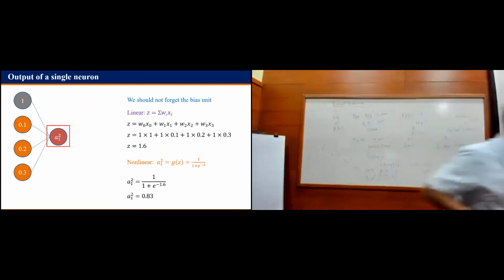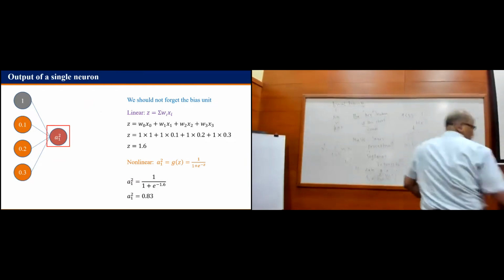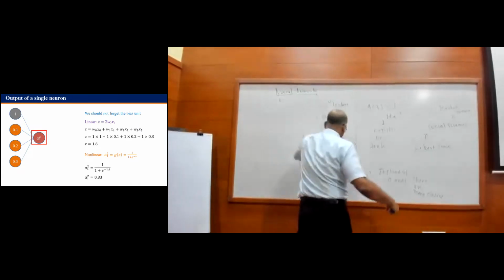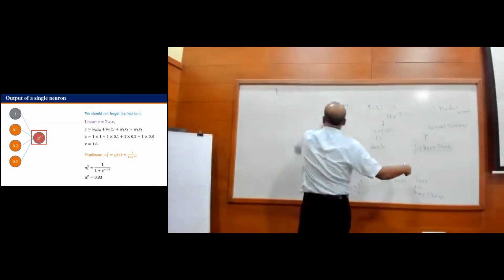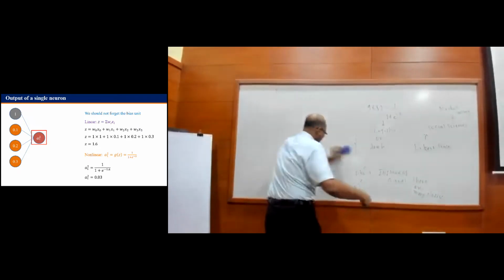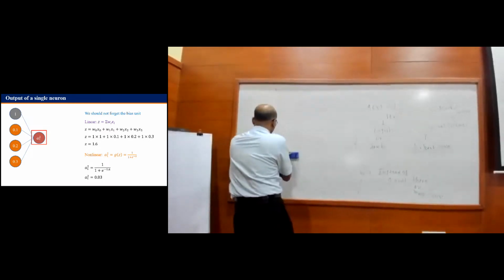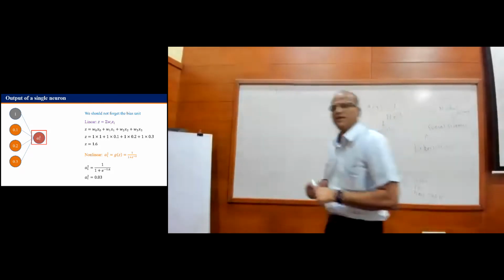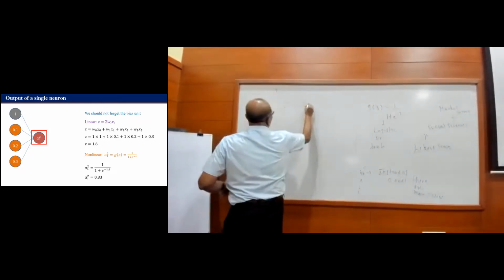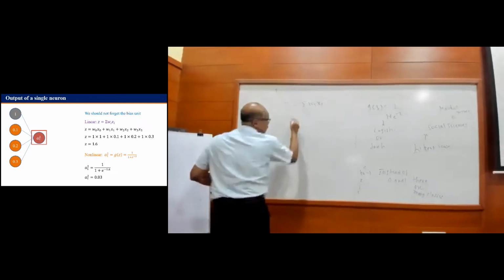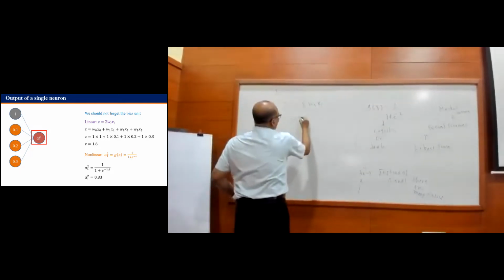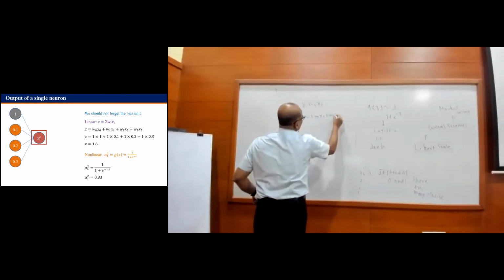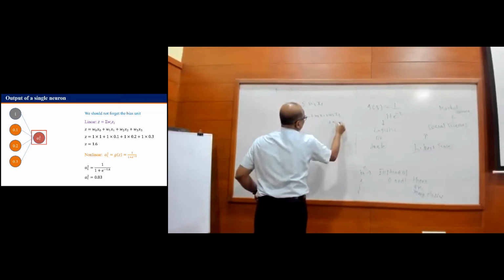Z is sigma Wi xi. So it is nothing but W0 x0 plus W1 x1 plus W2 x2 plus W3 x3.